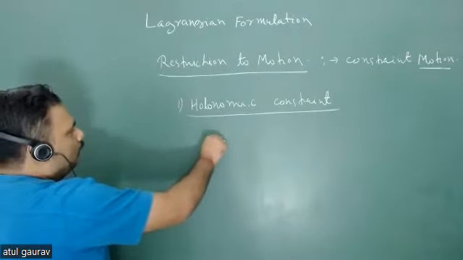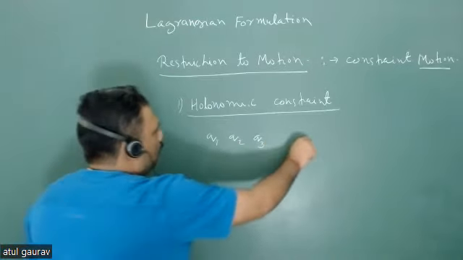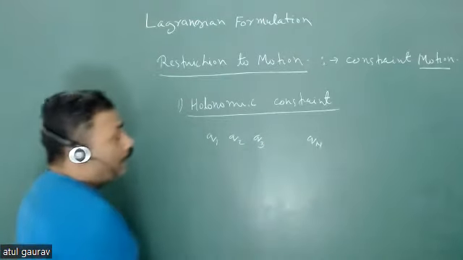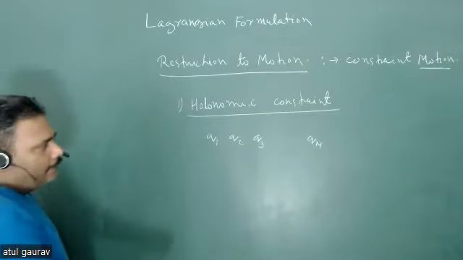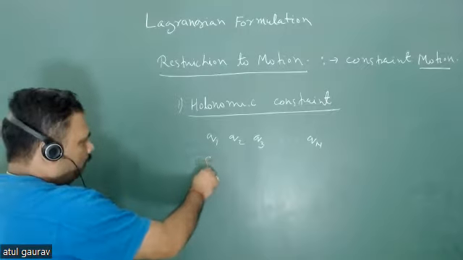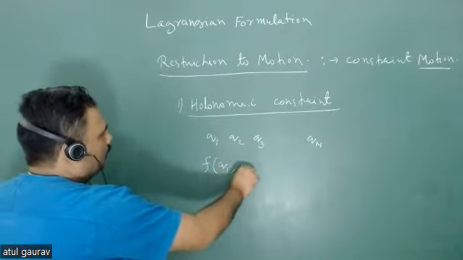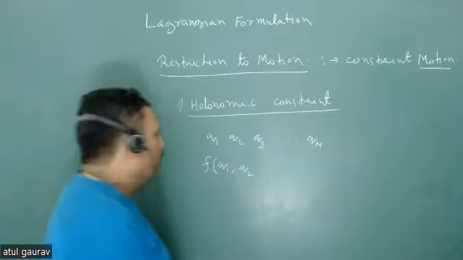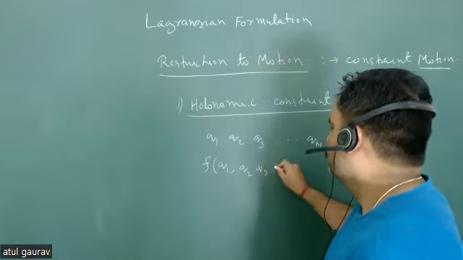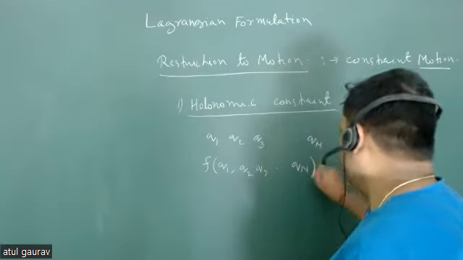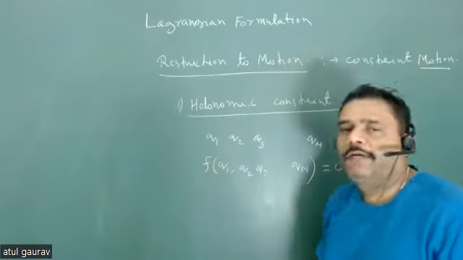Suppose I have q1, q2, q3 up to n number of dynamical variables. If the relationship between these dynamical variables can be written as some equation, something like f(q1, q2, q3, ...) equal to 0, then this is in the form of an equation.